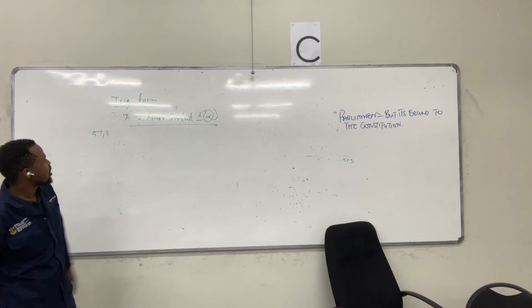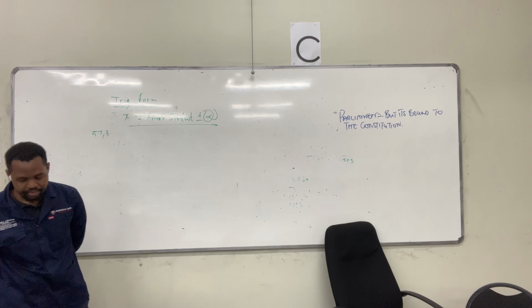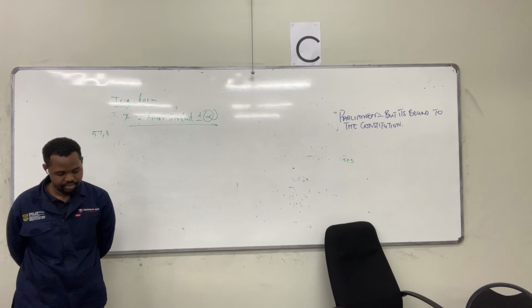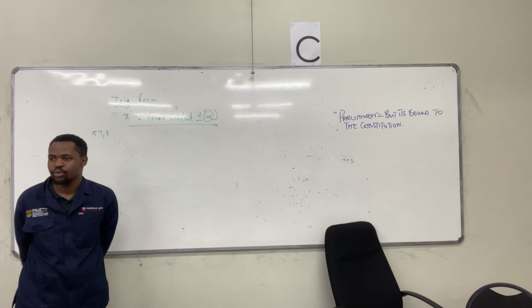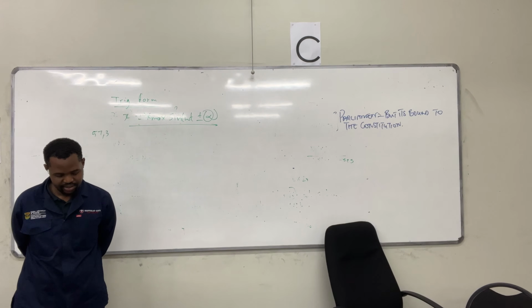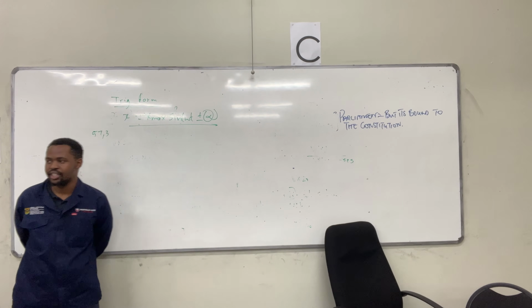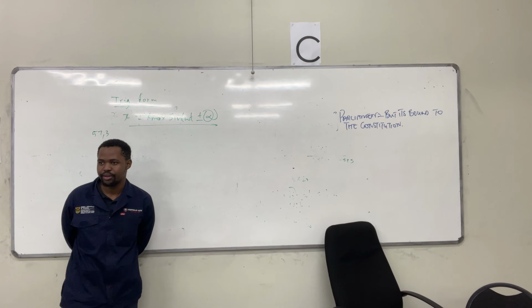Angular velocity times time gives radians. I prefer that you keep it in degrees.